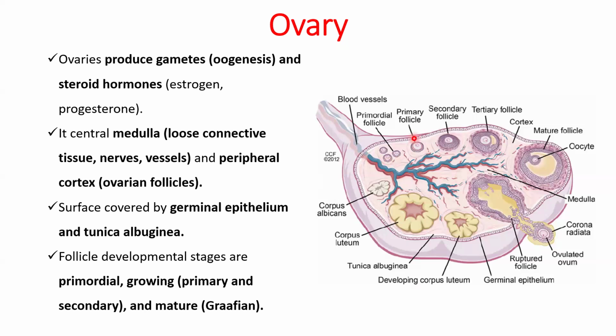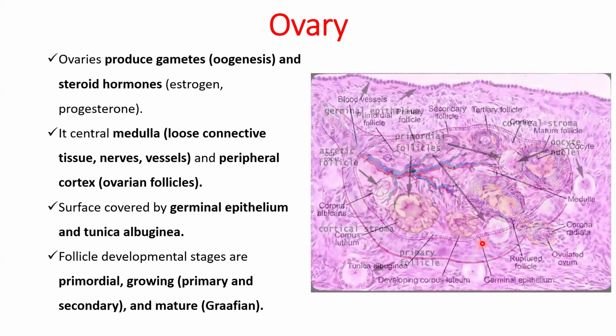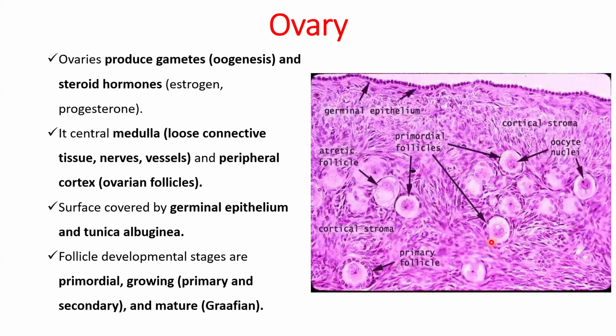Okay, so of course, we talked about these follicles being sequential. So from primordial follicles to primary to secondary, and then to mature follicles or the Graafian follicles. And then if ovulation happens, the remains will become the corpus luteum and produce progesterone. And this image shows it well.